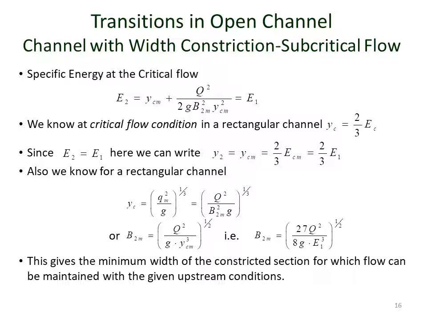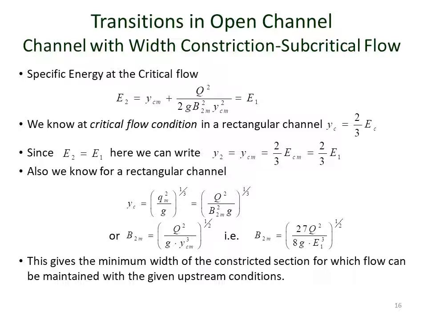So these results are used to calculate the minimum constricted width downstream, which is given by capital B2M, and which can be easily derived as under bracket capital Q square by G YCM cube to the power half, or B2M equal to under bracket 27 Q square by 8G E1 cube to the power half.